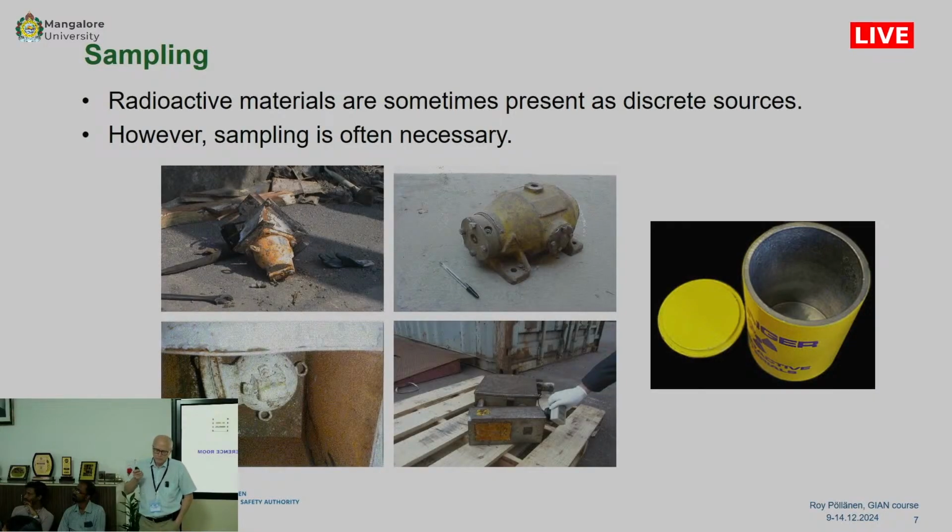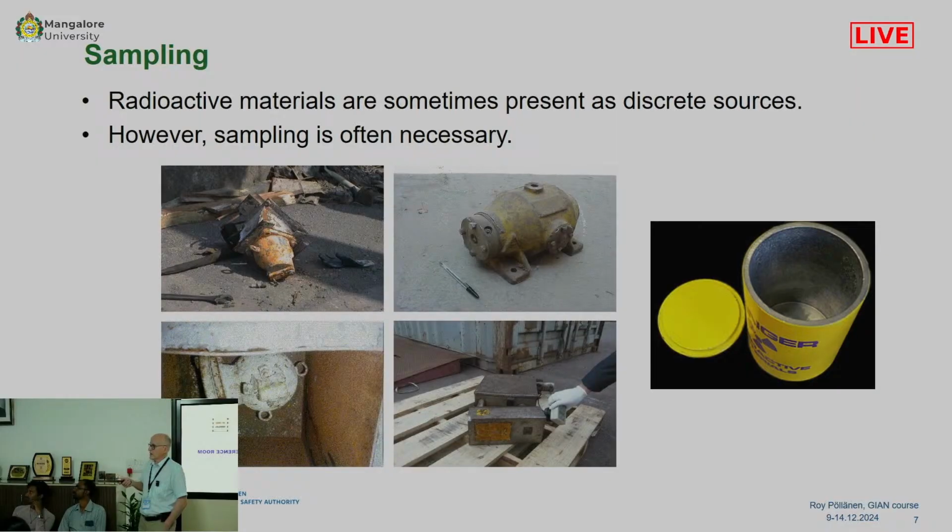So, when you are monitoring environmental radiation, you practically have to do sampling. In some cases it's not feasible, but usually you do sampling. Sometimes radioactive materials are present as discrete sources, as in this case.